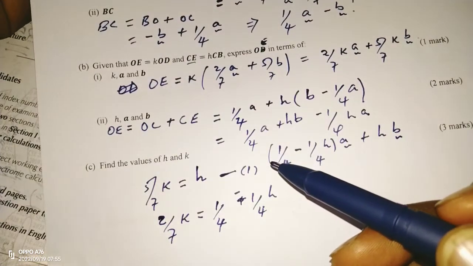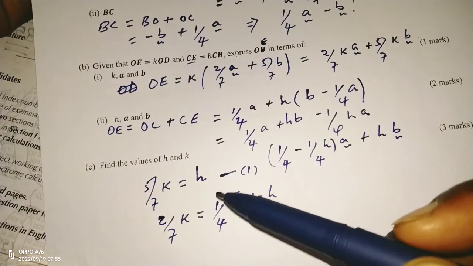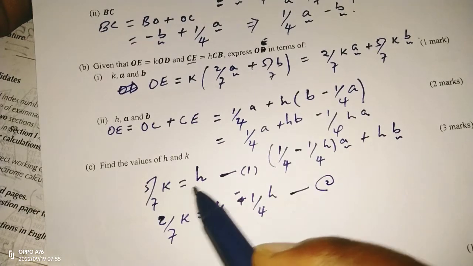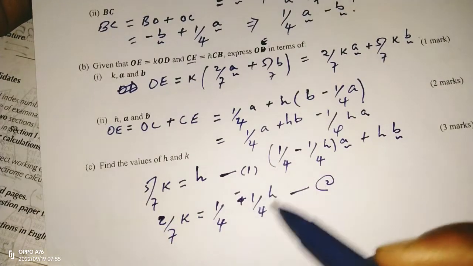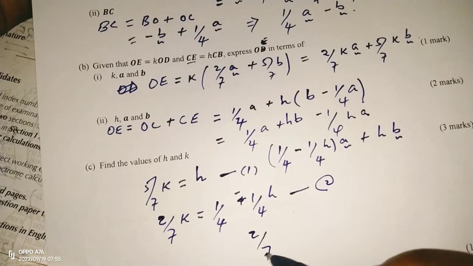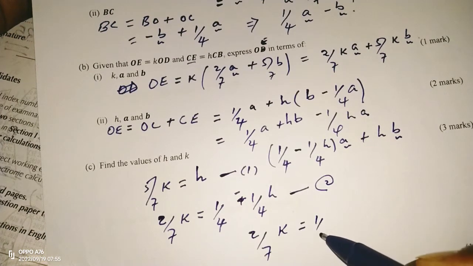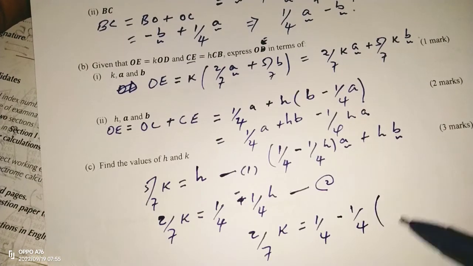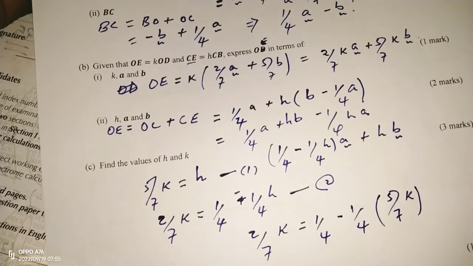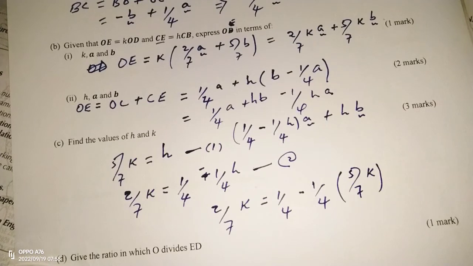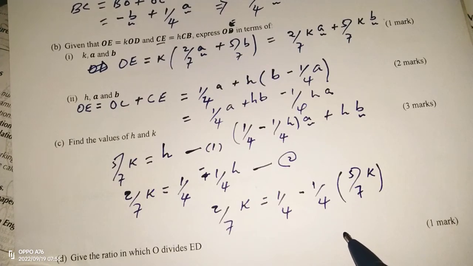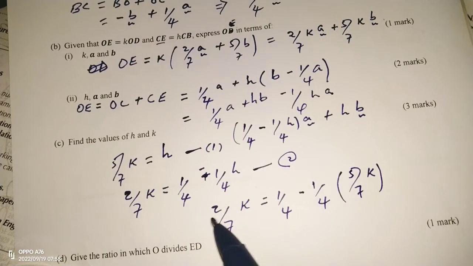Now we can use a substitution method. From equation 1, H equals 5 out of 7 K. Therefore, 2 out of 7 K equals a quarter minus a quarter times 5 out of 7 K, so this is 5 out of 28 K negative. When we bring it to this side, we add it.